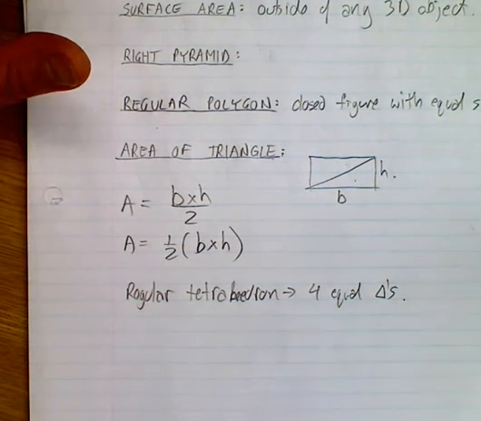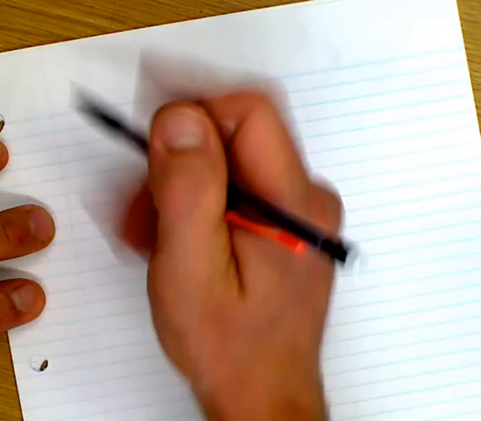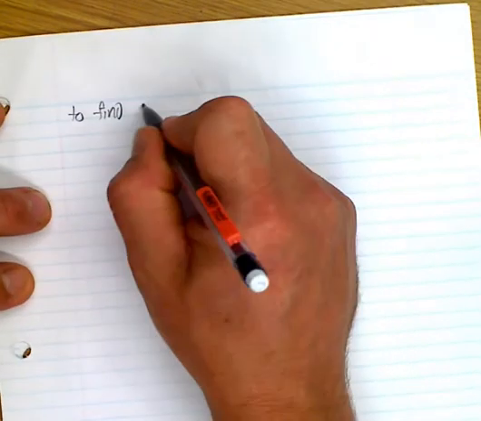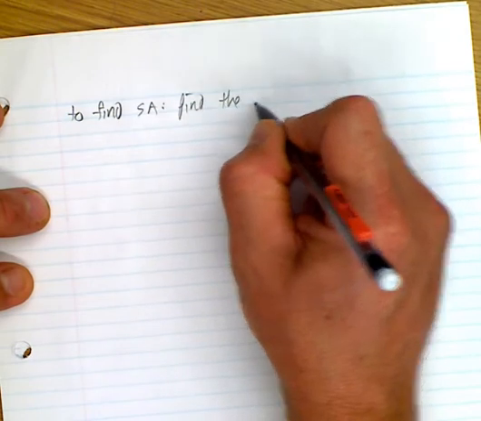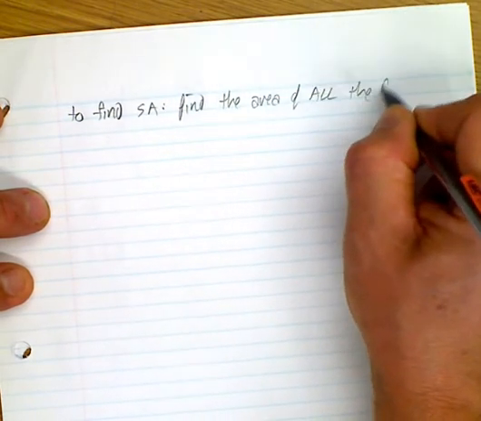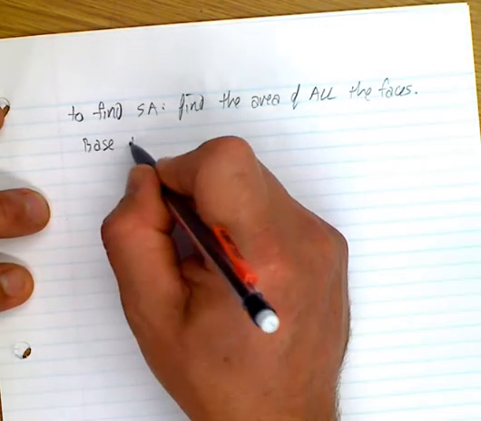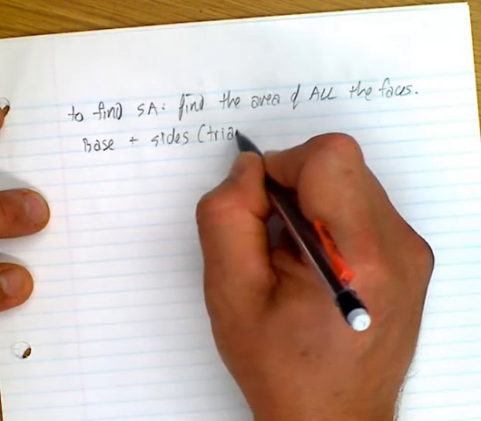So to find surface area, you need to find the area of all the faces. So that includes the base plus the sides, which are all triangles.